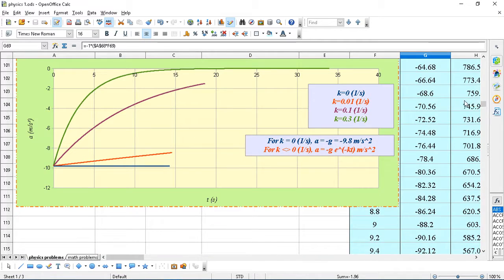So for acceleration, we have this straight horizontal line on the graph of a versus t for the free fall. This corresponds to the blue line.